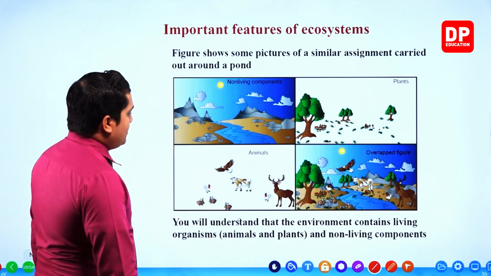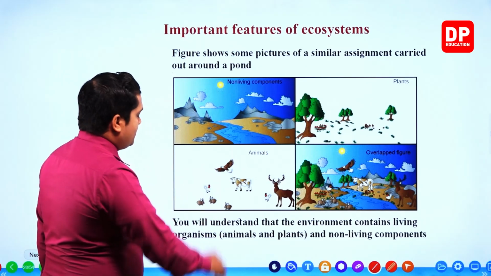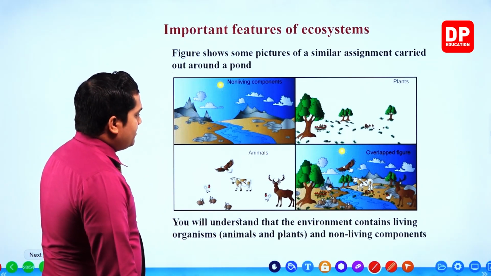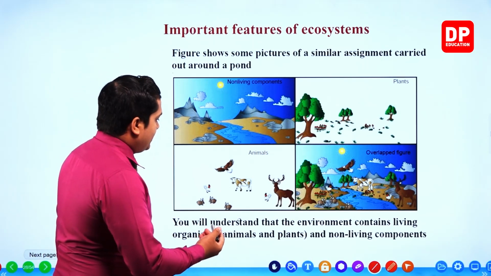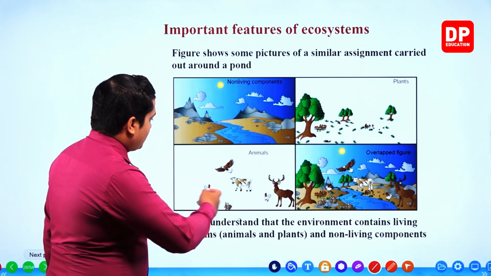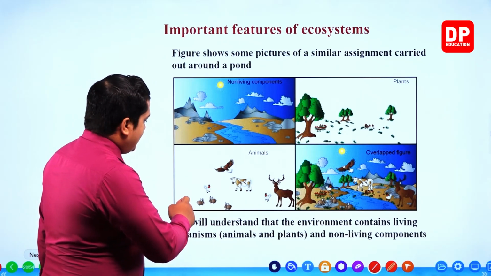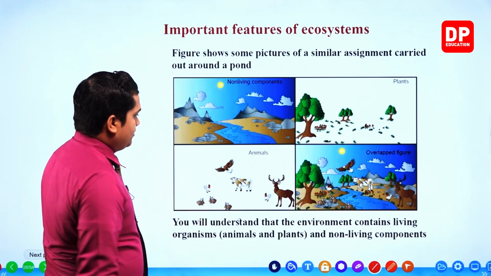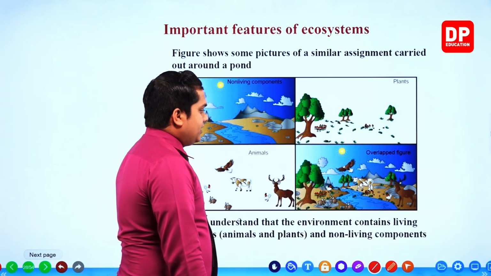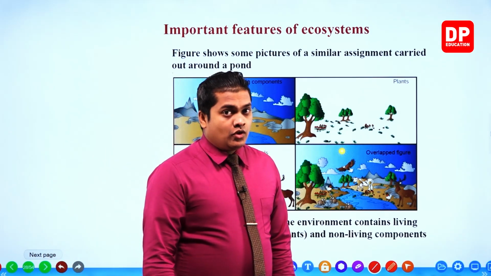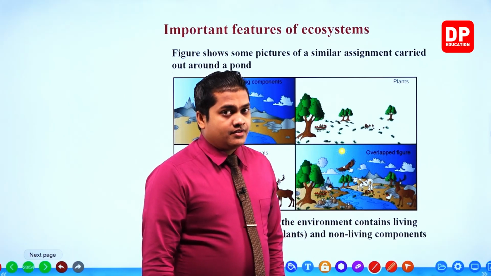Then number 3, animals. Third figure, animals. So different animals are there in the third figure, my dear children. A hawk, then a cow, several hens, and rabbits, and a deer also, right? Then finally, you can observe the overlapped figure.